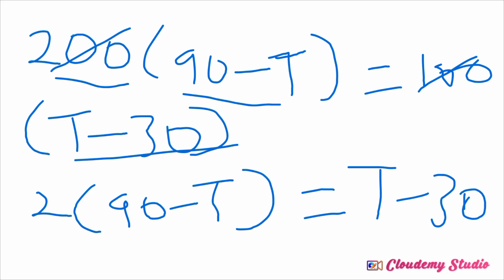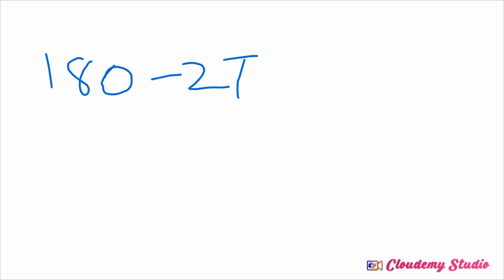So we use this 2 to open the bracket, then we collect the like terms. We'll have 180 minus 2T equals T minus 30.